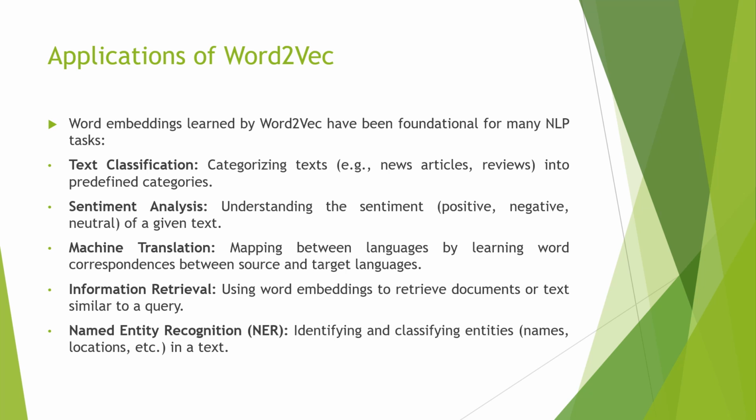For named entity recognition, we apply the Word2Vec model to identify and classify entities. Named entities may be organization names, location names, person names, or other entity names in the text. In biomedical applications also, we can classify, for example, disease names, such as COVID-19, or a viral disease, a specific viral disease like cholera, or viral fever, something like that.